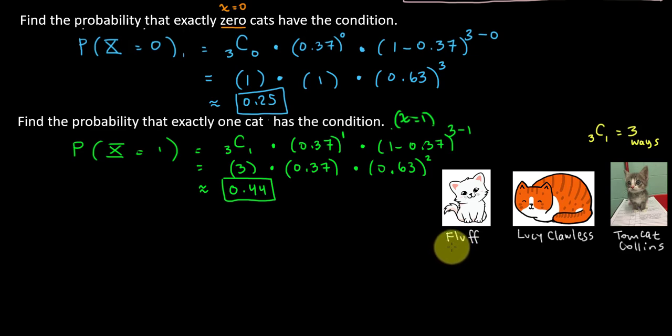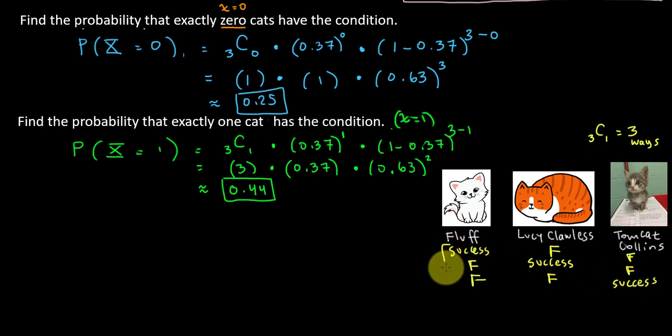Fluff could have the condition, success, but Lucy Clawless and Tomcat Collins may not, F for failure. That is one way. Or Fluff is a fail, Lucy Clawless is a success, and Tomcat Collins is a fail. Last but not least, Fluff and Lucy Clawless could both be failures in the sense they don't have the polydactyly condition, and then Tomcat Collins is the success.